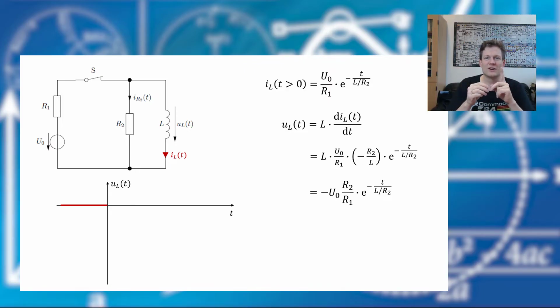Resistor and inductor were in parallel, and therefore the voltage drop at the inductor is the same as at the resistor, and it's this here. Then again, the voltage decreased, described by an exponential function, and it's the same here. So we can use tau, and we can draw our exponential function describing the voltage drop at the inductor.